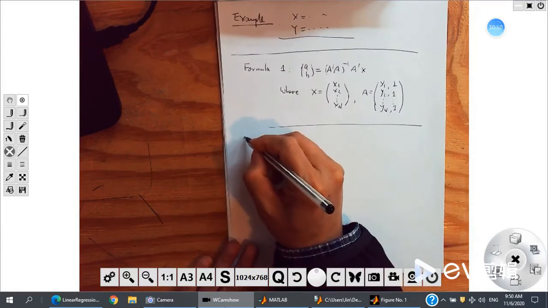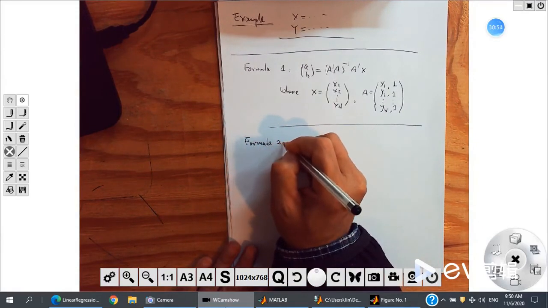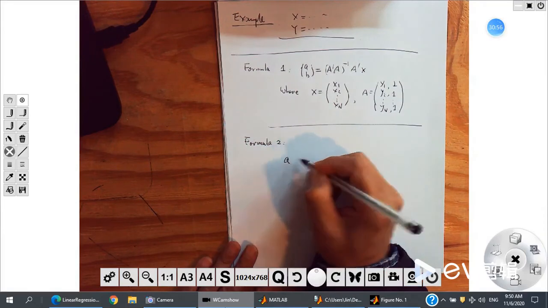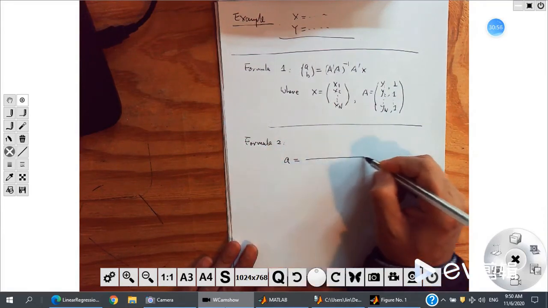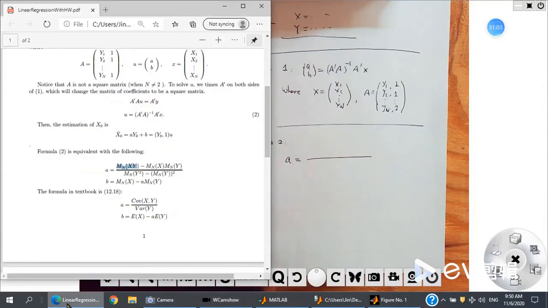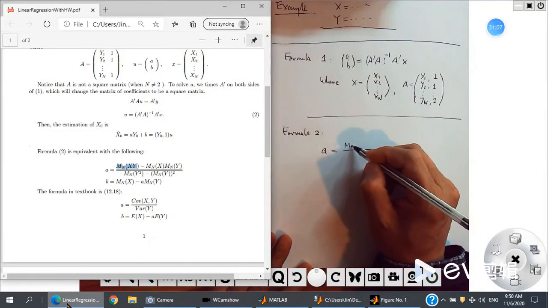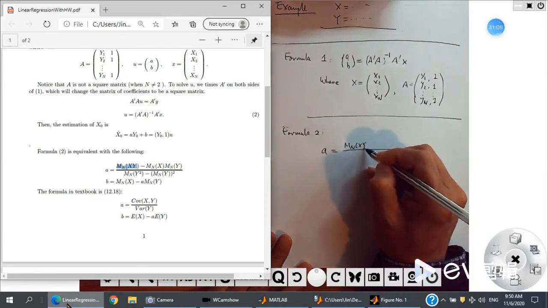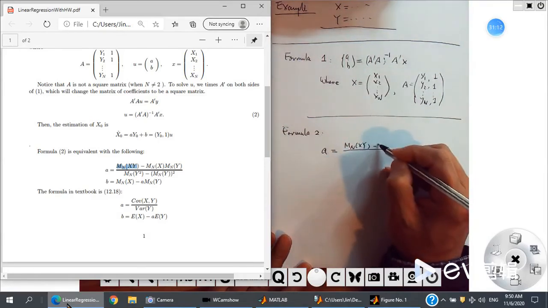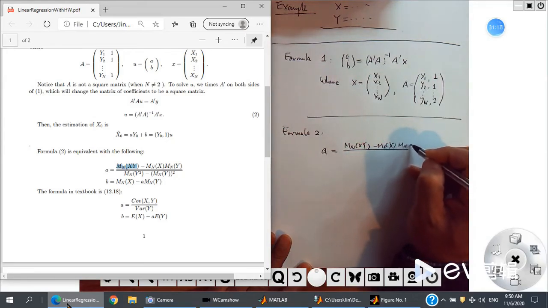Then we have another formula. We have a equal to a fraction. It is the mean of x times y with n samples minus the mean of x with n samples times the mean of y with n samples. This is the numerator.